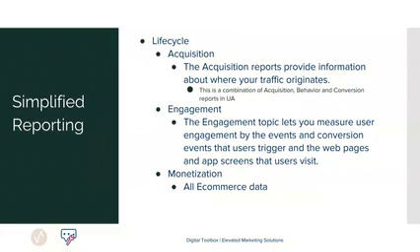Did they look at multiple pages? And then there's going to be conversion events. These are events that you have determined need to be a conversion, and you turn those in as well. The last area is going to be the monetization. This is where you're going to see all the e-commerce data that you are used to seeing with Universal.